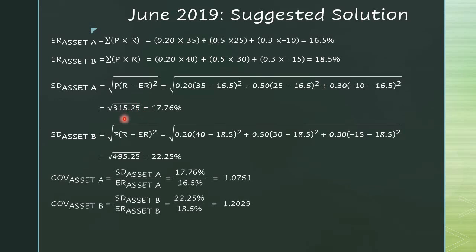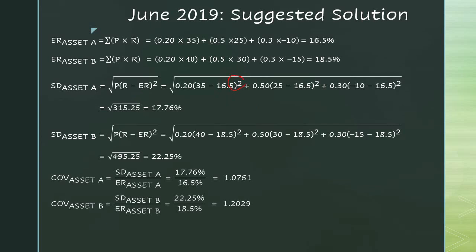So there's no such thing as 0 risk for a normal investment. There must be some sort of risk. If you get your answer to be 0, it means you forgot to square your figure.